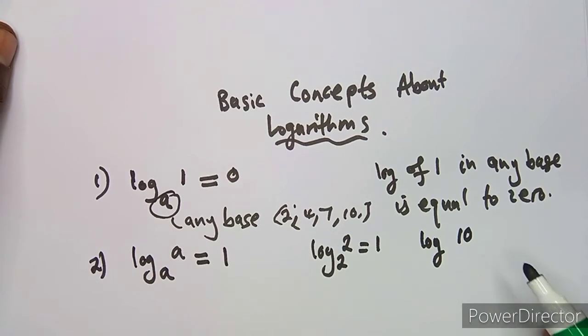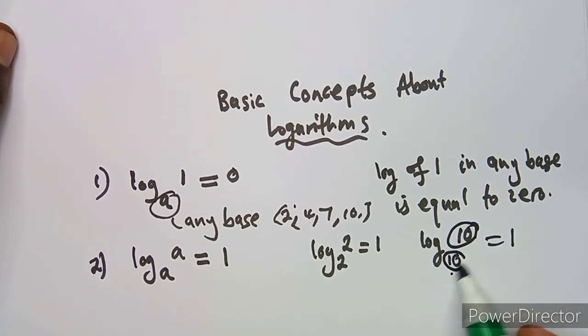For log 10, they don't write a base because they know that when the base is not given, it means you're in base 10. So the moment I see log 10 base 10, I'm going to say 1, because the number and the base are the same. These are some of the concepts, guys, which are very, very important when you are working with logarithms.